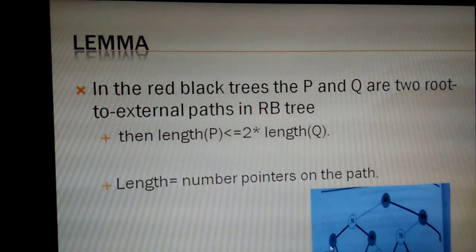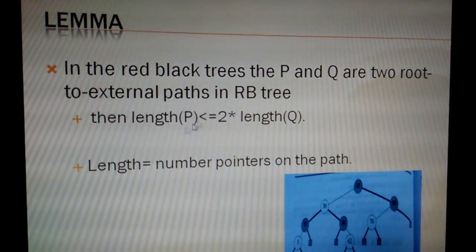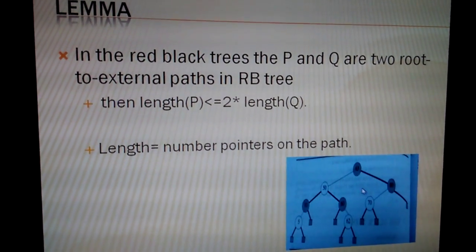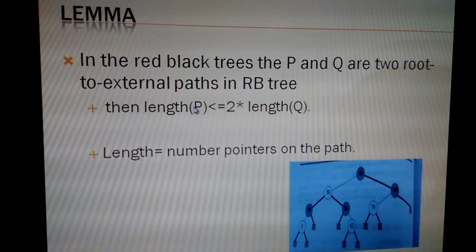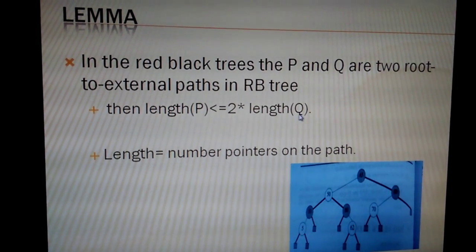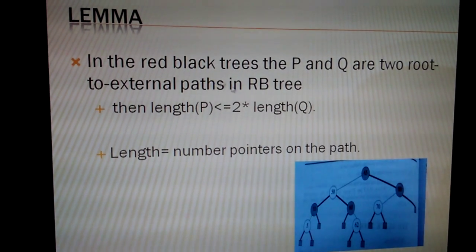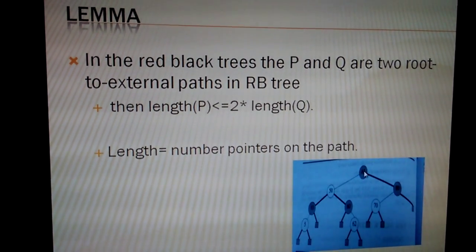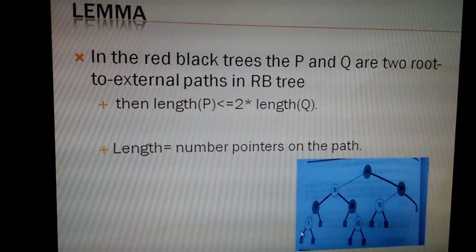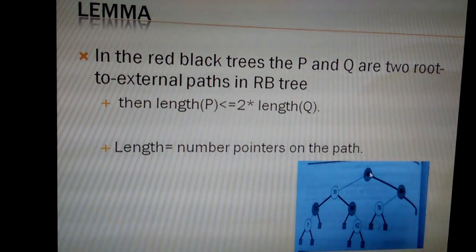In the same figure, we will prove one lemma. According to the definition of red black tree, we will prove one condition, that is length of P less than or equal to 2 into length of Q. Let us consider P and Q are two external paths. Let us consider one path 65, 50, 10, 5 to external node. 65, 80 to external node is one more path.